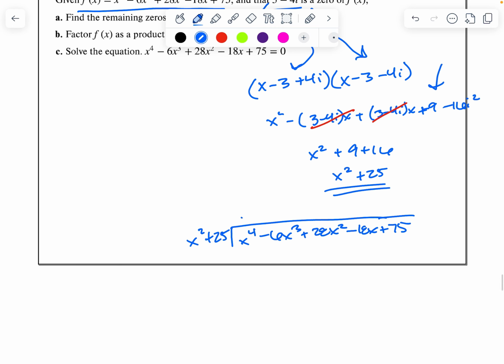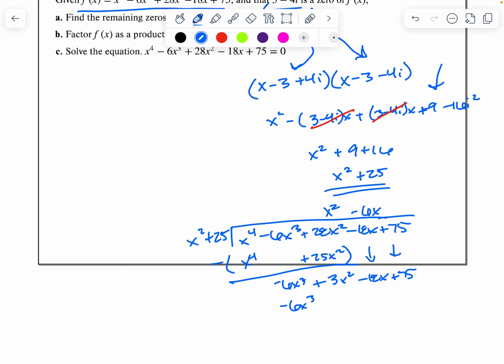So with long division, we want to divide, multiply, plus 25x squared, subtract, and bring down. I'm going to go ahead and bring down everything. Then divide again, multiply. Wow, that's going to be a big number, 6 times 25.